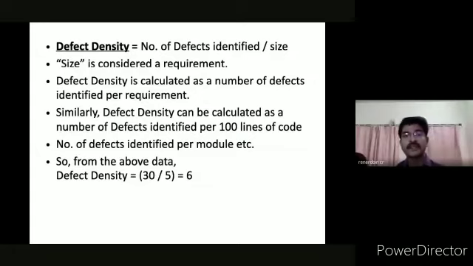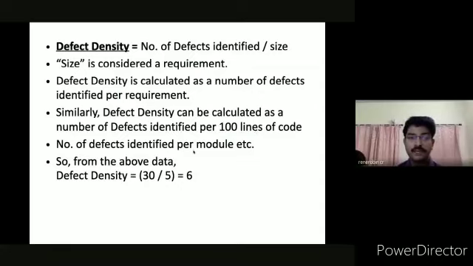Similarly, defect density can be calculated as the number of defects identified per 100 lines of code. Because here we have considered the number of requirements. Our given base data is sometimes, instead of the number of defects, they may give 100 lines of code: for each 100 lines of code, how many defects are identified?